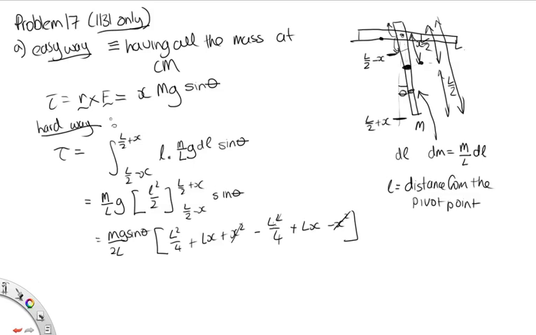Okay, so this cancels that, that cancels that, and we end up with mg sine theta on 2L times 2LX. 2's cancel, L's cancel, and we end up with mgx sine theta, which is the same as up here, but it took a lot more working to get there.